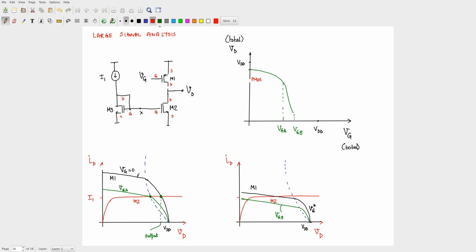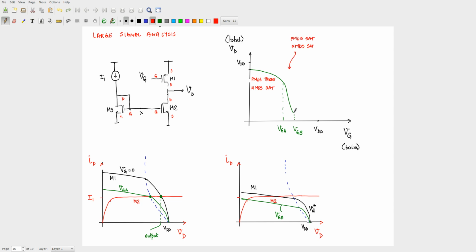That's a black line, M1. PMOS is in triode. NMOS is in saturation. In this narrow region, you have PMOS saturation, NMOS saturation. Okay. Now, what do you think will happen?